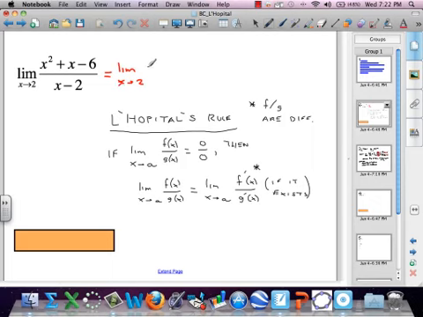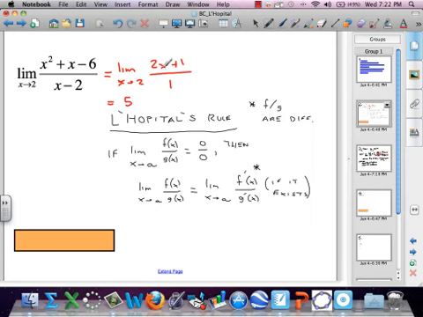The derivative of the numerator, which is 2x plus 1, over the derivative of the denominator, which is 1. Okay, so now I have a new limit problem, and I'm going to substitute the 2 into the x and see if I get out a number. And in this case, we get 2 times 2 is 4 plus 1, we get 5. And since that's a finite number, that is our answer.